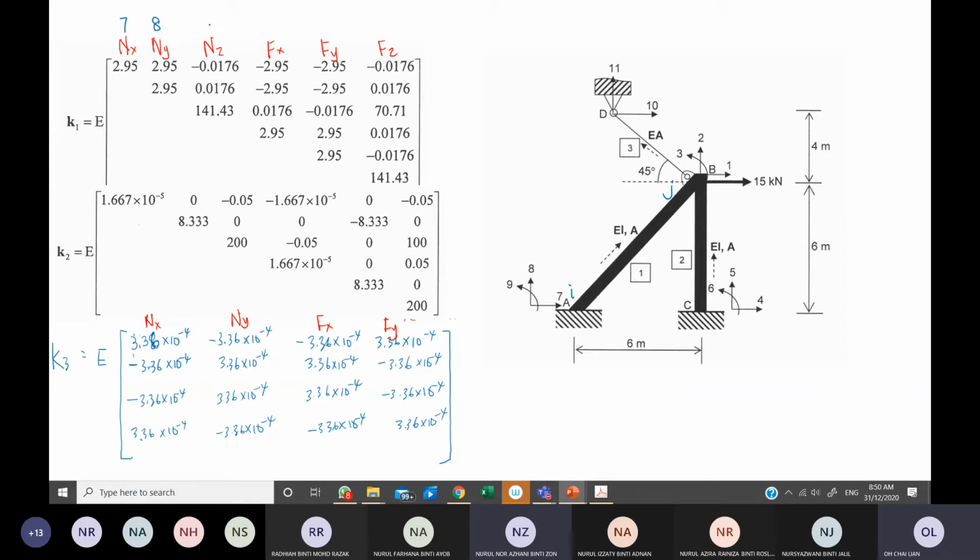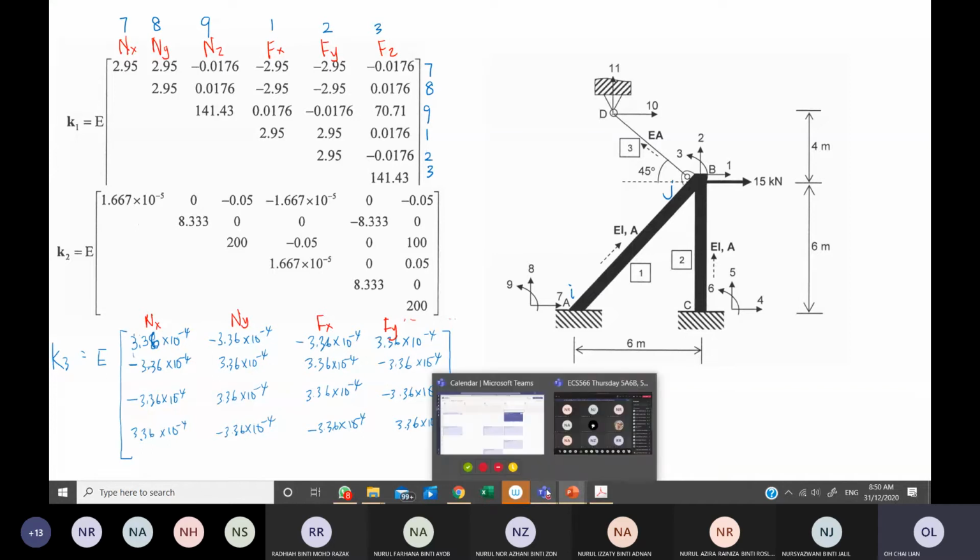Yes, correct. And NZ at 9. Then how about the far end? Far end, Fx at 1. Yes. Fy at 2 and Fz at 3. Yes, thank you very much. Okay, so you need to write this as well.